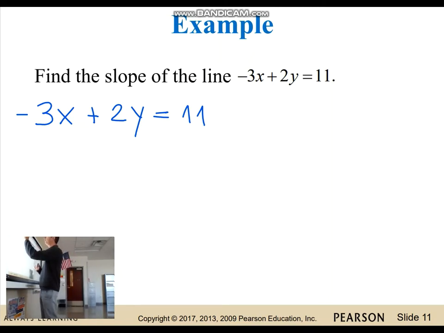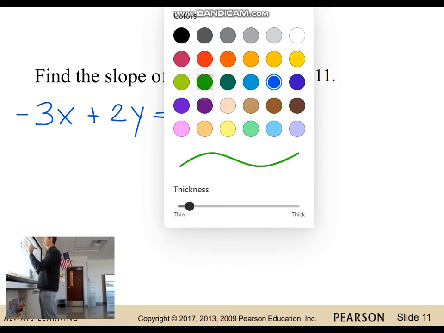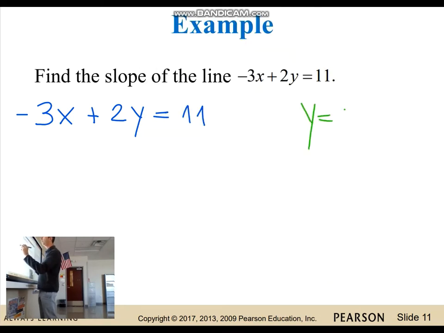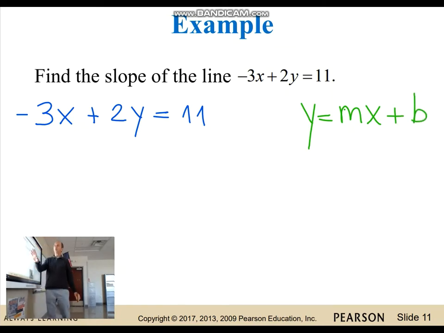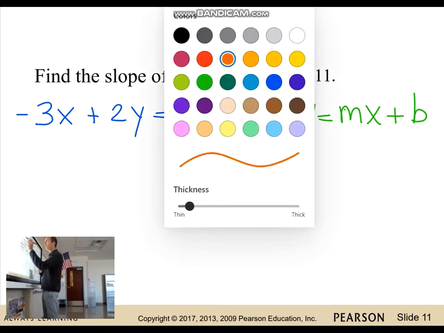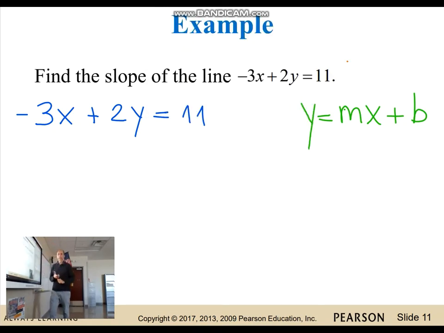Remember, the slope-intercept form is y equals mx plus b, right? So we will move everything to the right-hand side of the equation, and we'll keep only y on the left-hand side, okay? To do this, we will apply the addition property of equality and the multiplication property of equality when necessary.